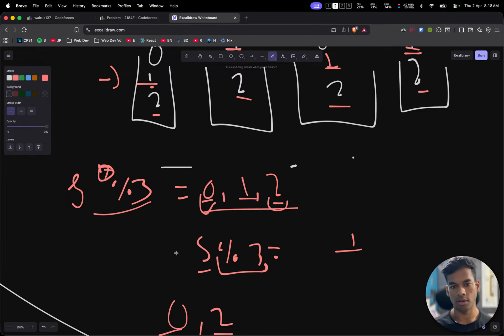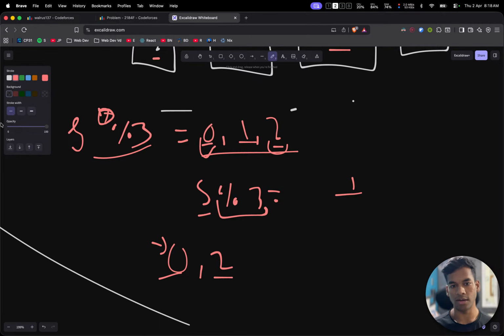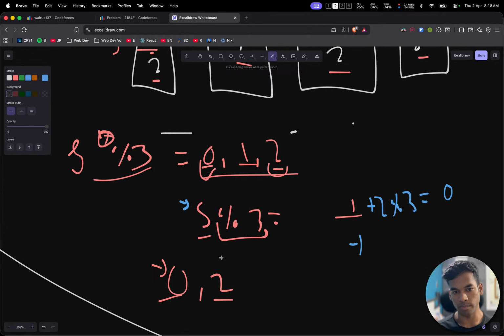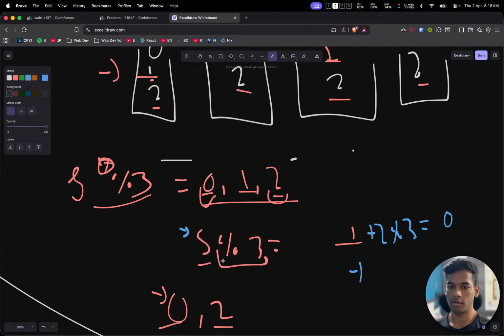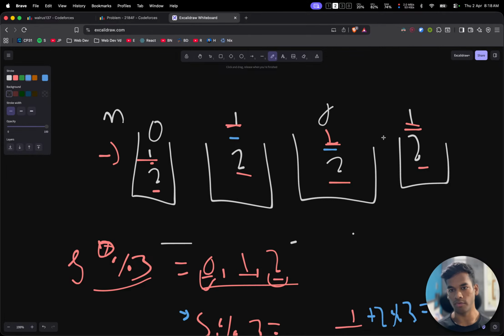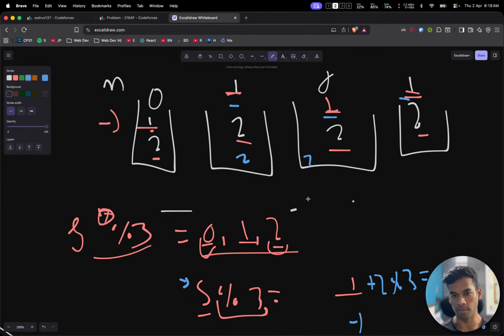For 0, we would like to either increase this sum by 2, so that when we add 2 and take remainder with 3 we get 0, or remove 1 from this. Adding 2 would mean changing any two of these values from 1 to 2.